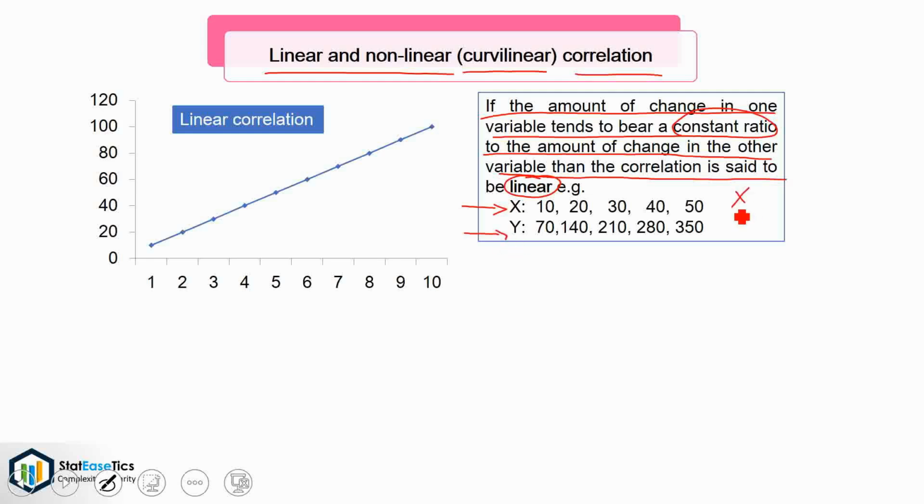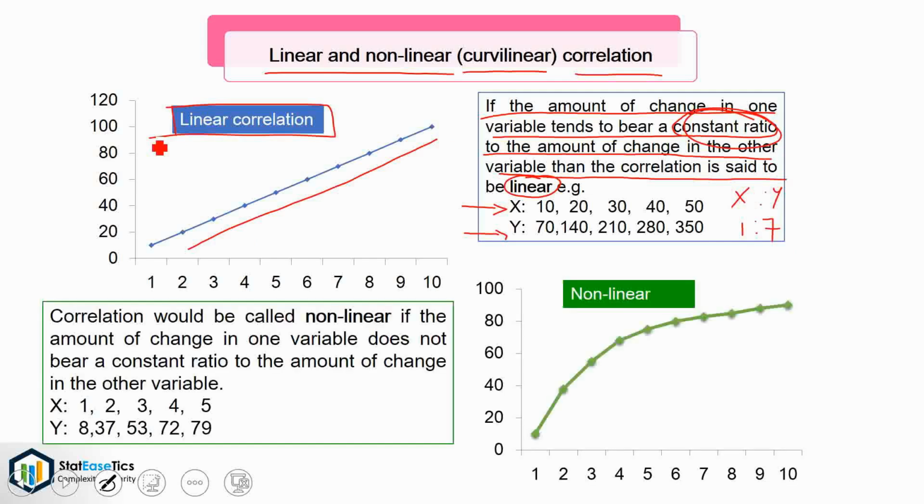Thus, the ratio of x to y is 1 to 7, that is a constant ratio, and hence it gives a straight line, thus giving linear correlation.